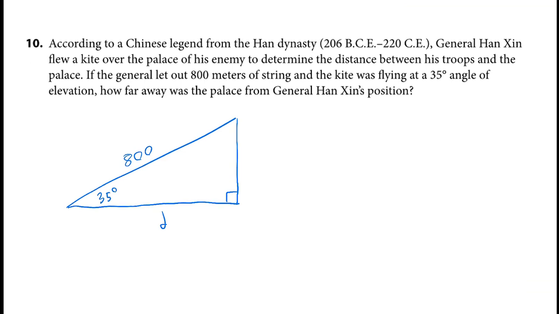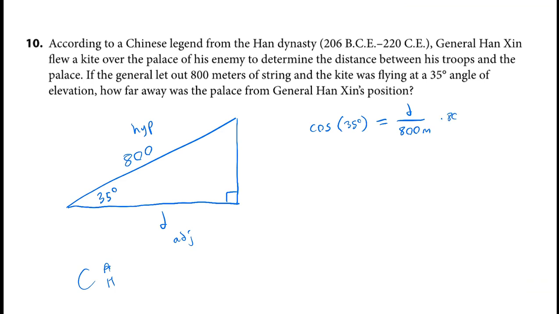Anyways, so here we go. This is the adjacent side. This is the hypotenuse. So that means we have the cosine, so SOH CAH TOA, which is adjacent over hypotenuse. And so we get the cosine of 35 degrees equals the adjacent side distance over that hypotenuse of 800 meters of string.